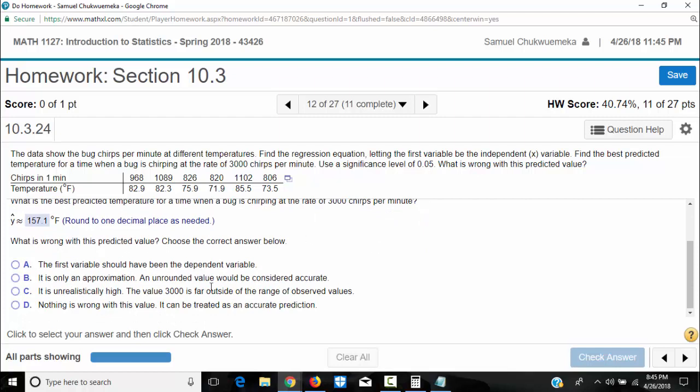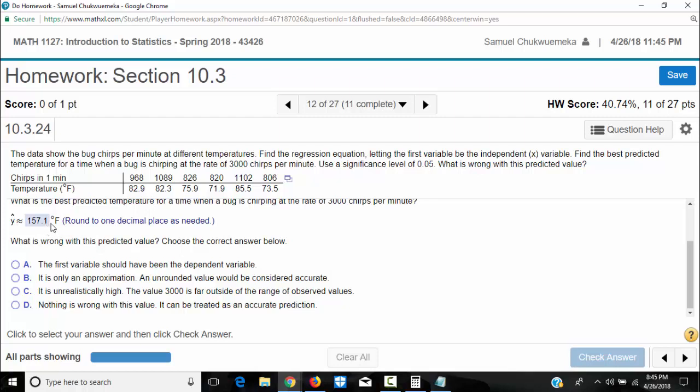So let's see here. It is unrealistically high. 157.1 degrees Fahrenheit. That's very, very hot. Now, you know the normal human body temperature is 37 degrees Celsius or 98.4 degrees Fahrenheit.